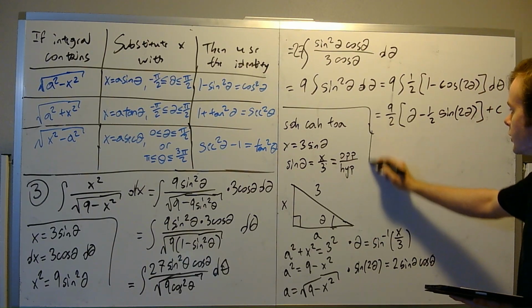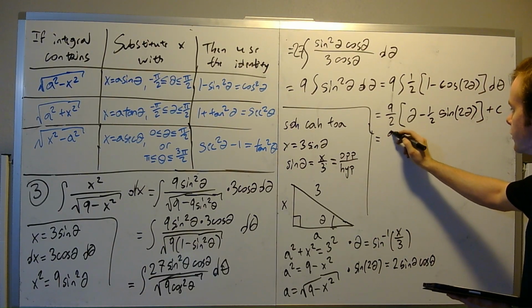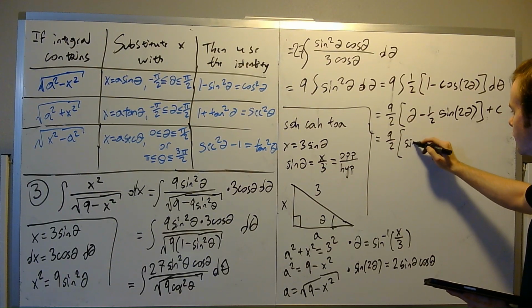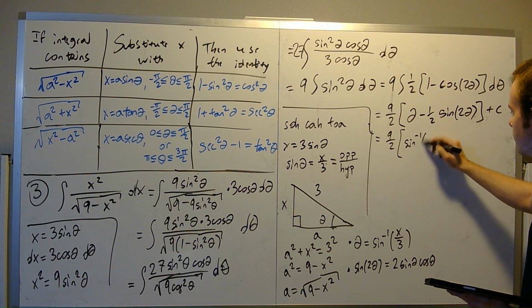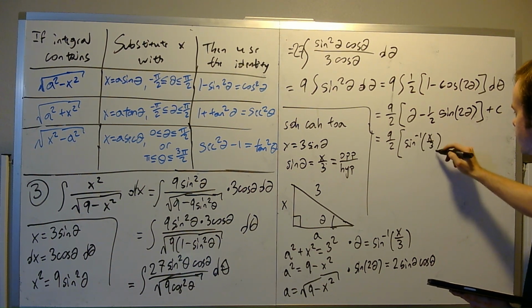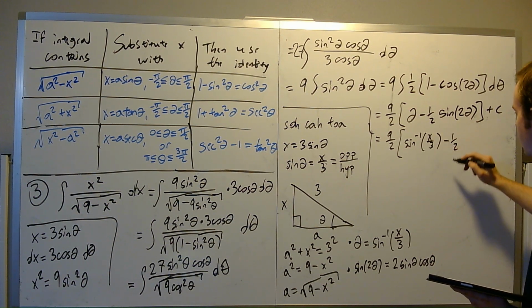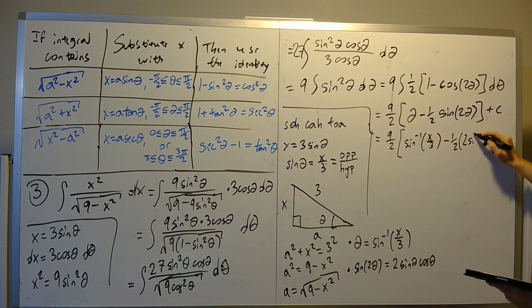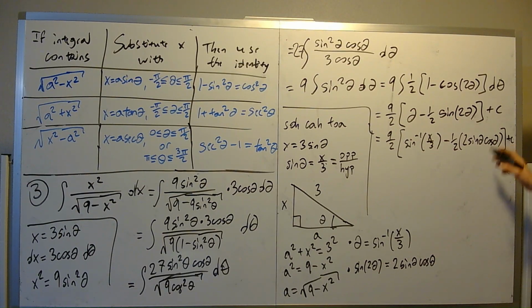So we can now rewrite this as 9 over 2 times this sine inverse of x over 3 minus this 1/2 of, we said that this was 2 sine theta cosine theta, plus c. So now we just need to figure out what sine theta and cosine theta are.